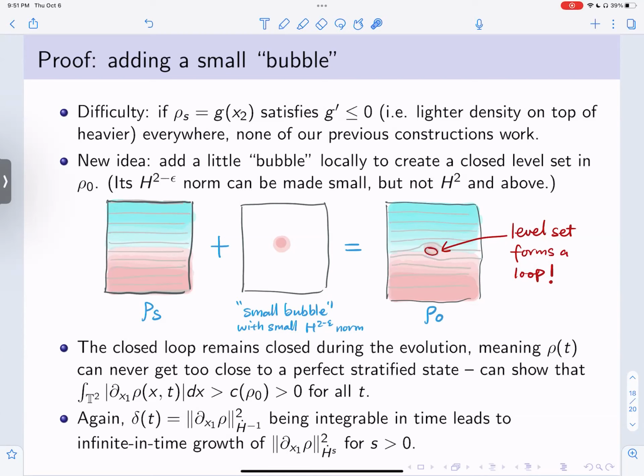And now how are we going to use this little level set here? Well, the closed loop will remain closed during the evolution because topologically, there is no change to the solution. So for all time, we can never have something that is very close to a perfectly stratified steady state, in the sense that the integral of the partial x1 derivative will always be bounded below.